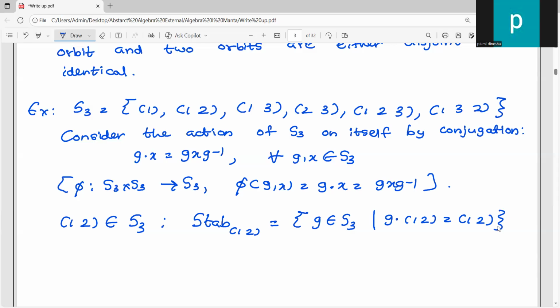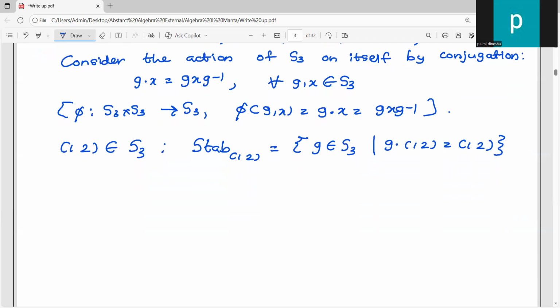So for every element, we will do this. We surely know this contains the identity, right? Because the identity acting on any other element in this group will give you the element, by definition of the group action. Let's see what other elements we have in there. Let's see whether (1 2), which is also an element in S3, is in this set. How do we do that?